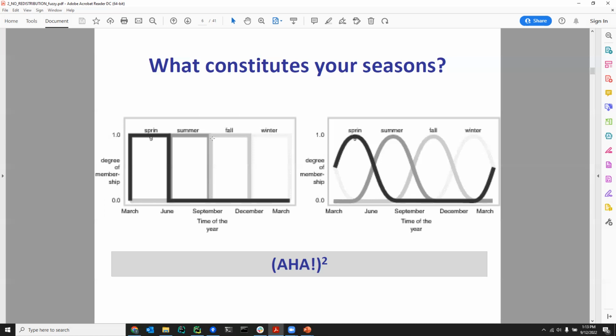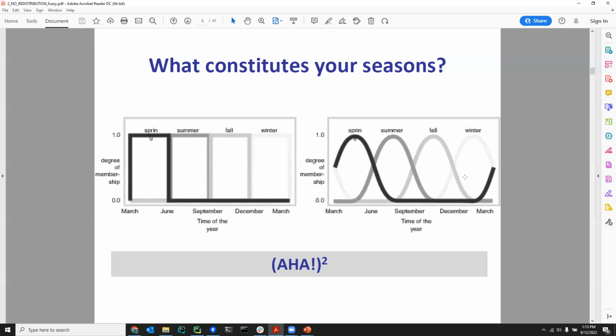And so maybe a Boolean description of the change in seasons doesn't fully capture that transition. And so on the left, we see these Boolean sets describing those instantaneous transitions. And on the right, we see that there are fuzzy membership functions that have overlap. And so depending on the time of year, you may get contributions from multiple of these.